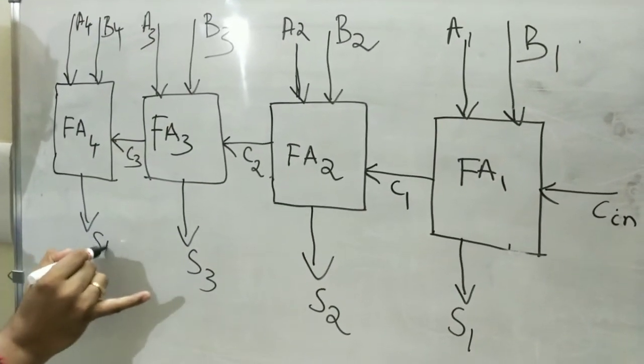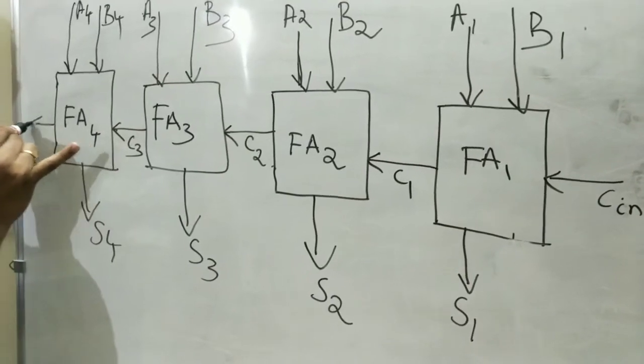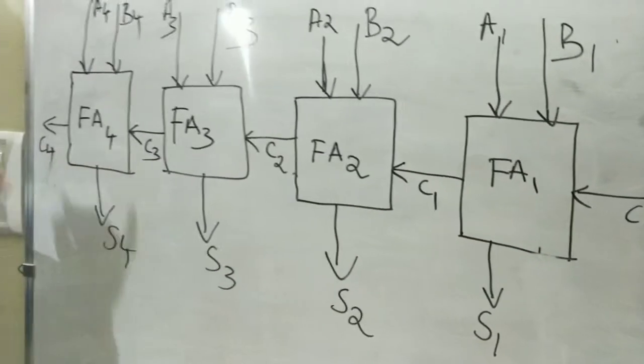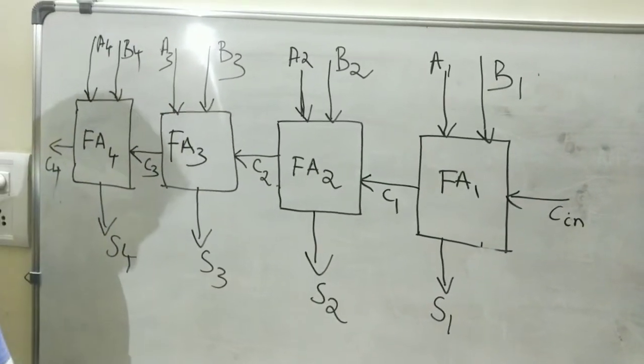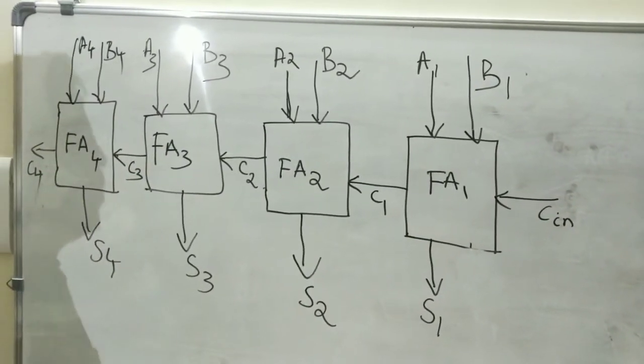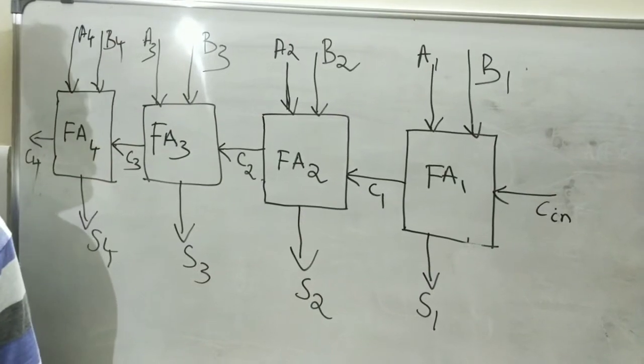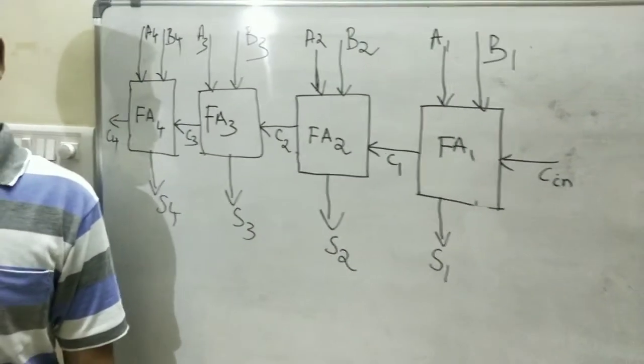Here S4 will be coming, and C4 is considered to be the output carry. So this is a 4-bit adder which is going to add 2 binary numbers of 4 bits.